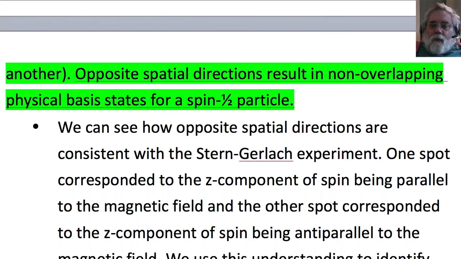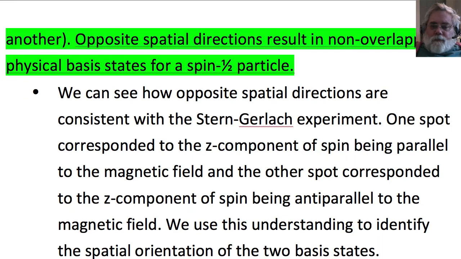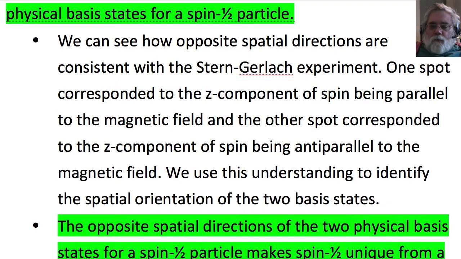We can see how opposite spatial directions are consistent with the Stern-Gerlach experiment. One spot corresponded to the z component of spin being parallel to the magnetic field, and the other spot corresponded to the z component of spin being antiparallel to the magnetic field. So we use this understanding to identify the spatial orientation of the two basis states.